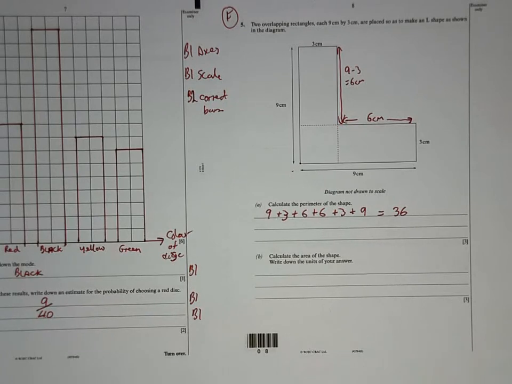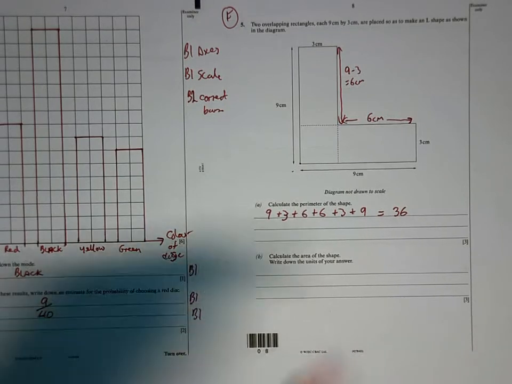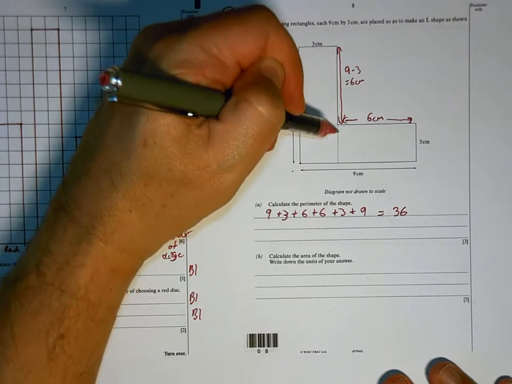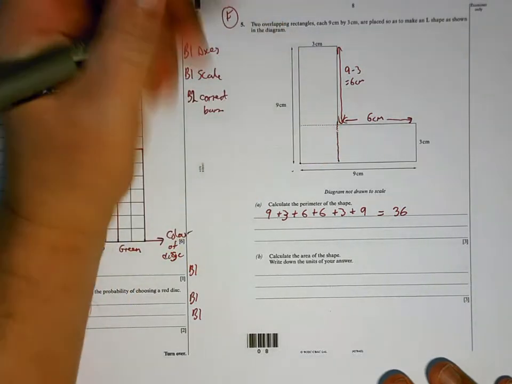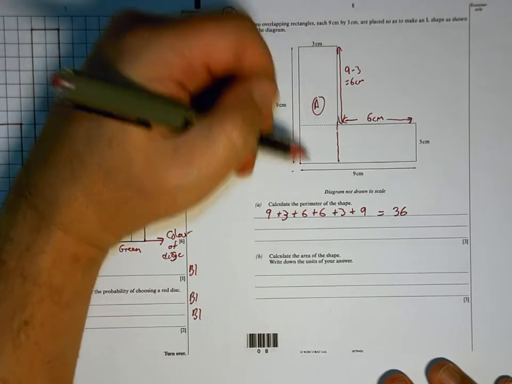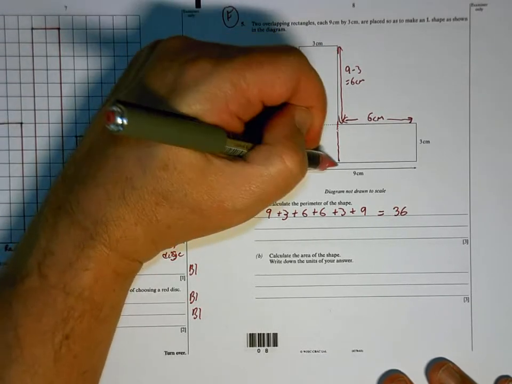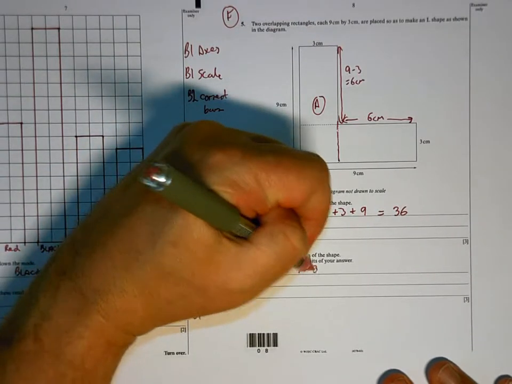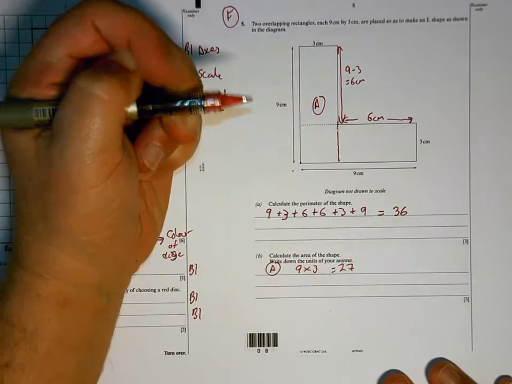And then for B, where I've got to work out the area of the shape, you need to split it into two rectangles. So if I split it there, I've got this area, which is going to be 9 times 3, all the way down to there. So A is 9 times 3, which is 27.